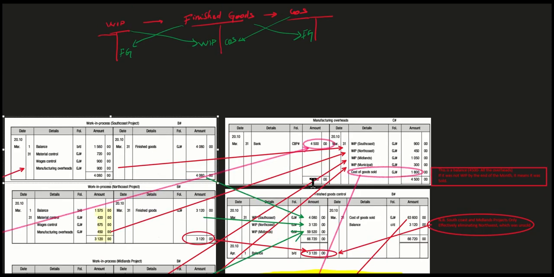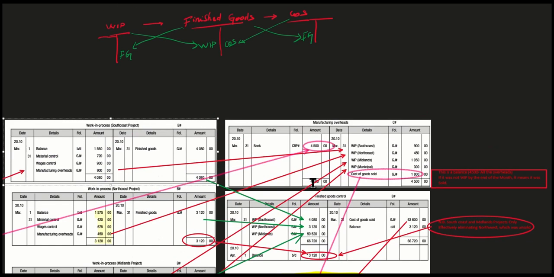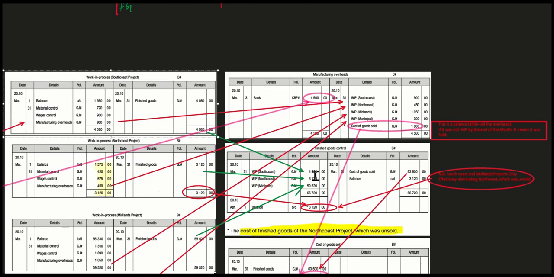But there is also another account that we need to look at that is quite interesting, which is the manufacturing overhead, right? The manufacturing overhead by itself is quite important to do, because remember, it's an account we had to calculate. It was not given, we had to calculate it, right?